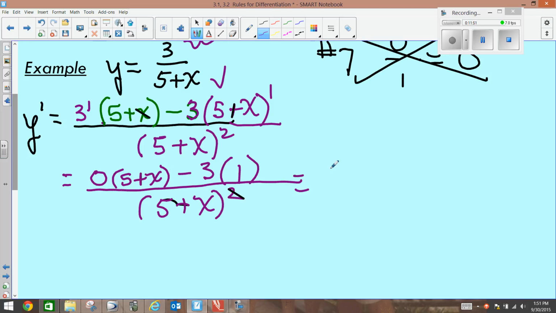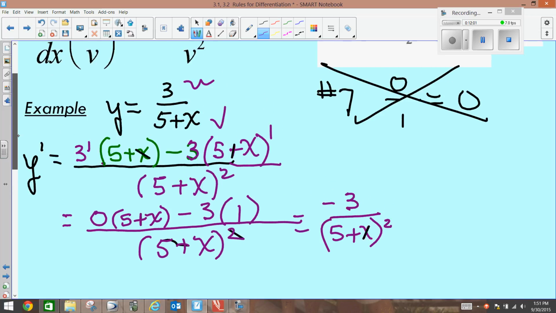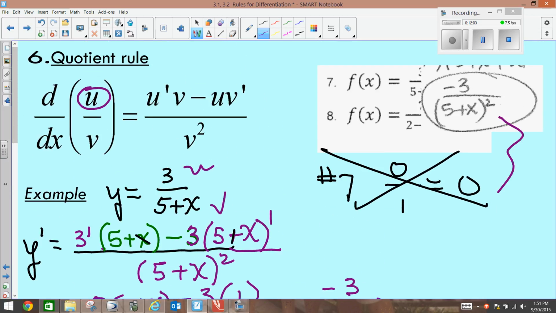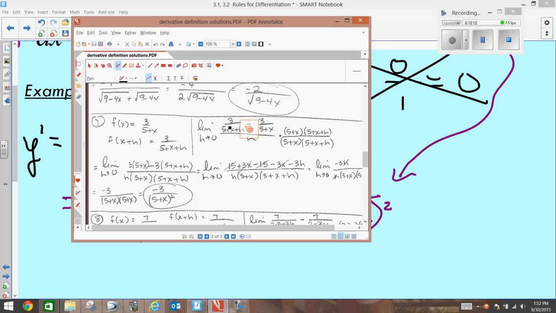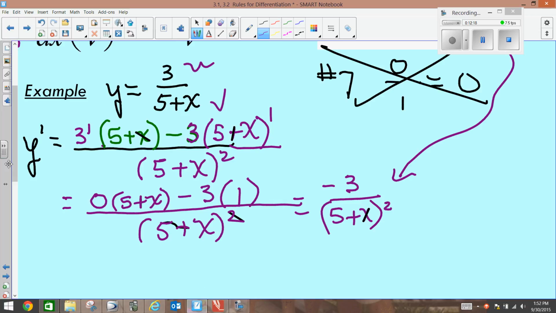So now we have negative 3 on the top and 5 plus x, the quantity squared, is our simplified answer. Check it out. That's what we got when we did it with that big, long solution. Okay, so that's good. Let's try another one.